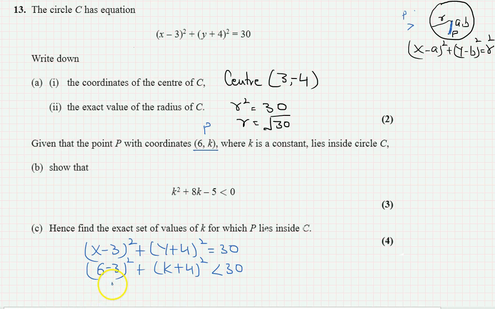So that is 9 plus k squared plus 8k plus 16 is less than 30.